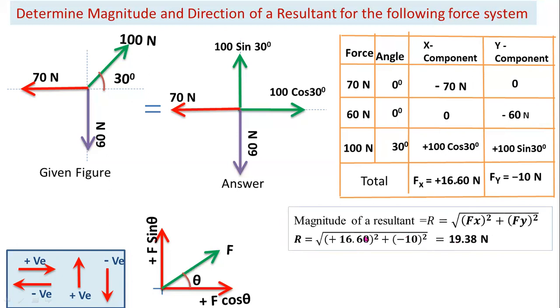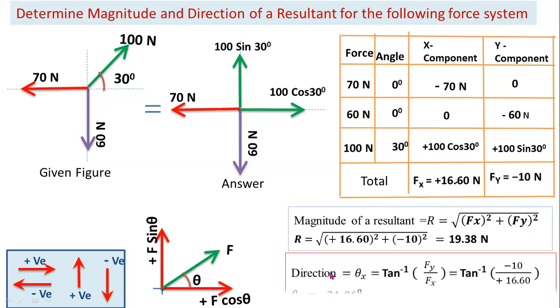From the formula for the method of projections, resultant R equal to square root of horizontal forces square plus vertical forces square. By substituting these two values in this equation, you can get the value of resultant. This is the magnitude of a resultant. 19.38 newtons is the magnitude of a resultant.